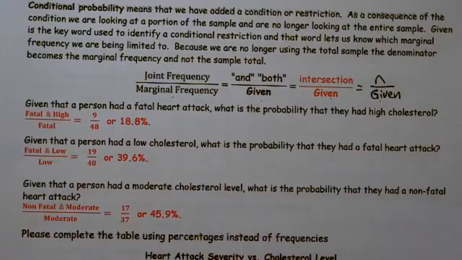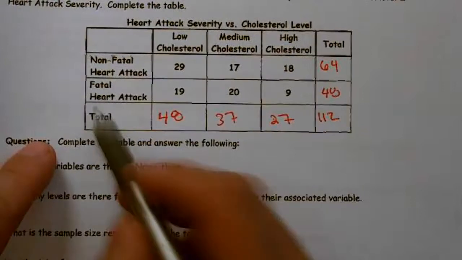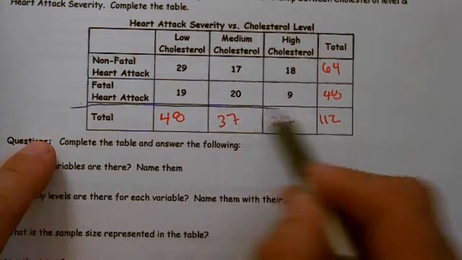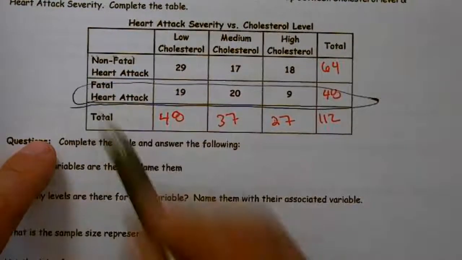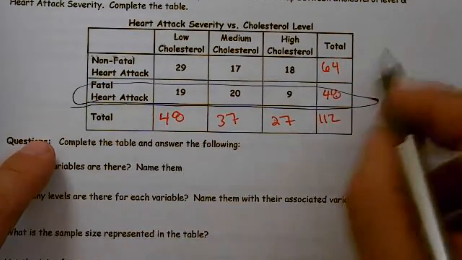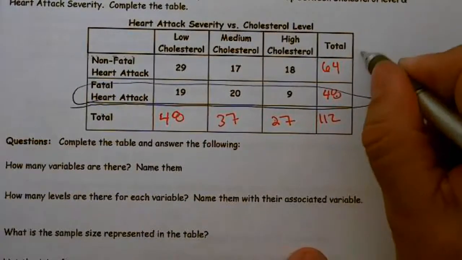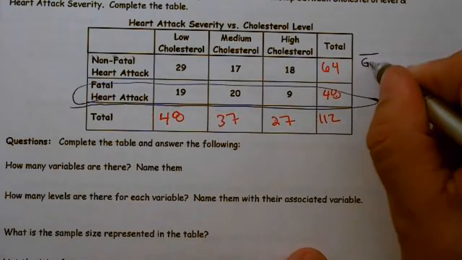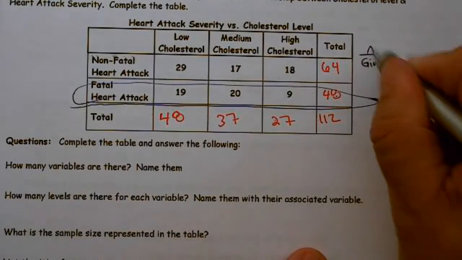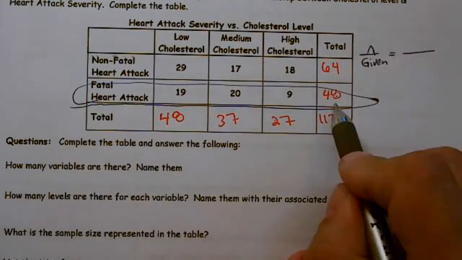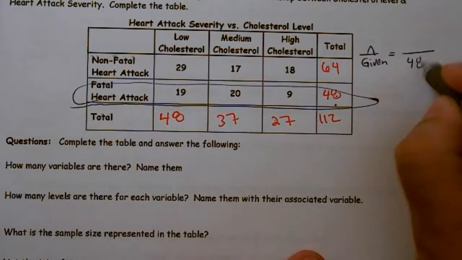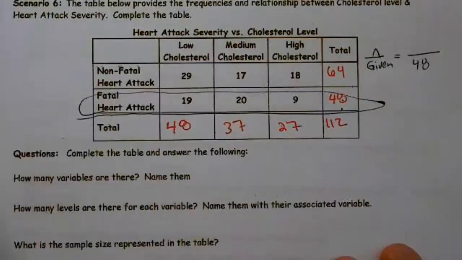Okay, so our question is, given that a person had a fatal heart attack, so basically what they're telling us is given that it came from the fatal heart attack column. So we're looking at this row right here. And because it says given, then our denominator, because remember, it's always going to be intersection over given, happens to be 48 as opposed to the 112, because we're only looking at fatal heart attacks.